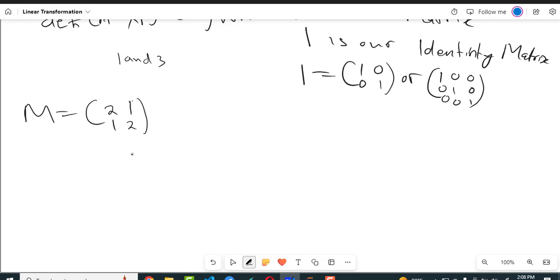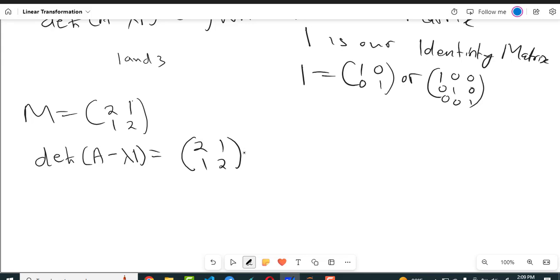So what we do, we write our formula down. This is our matrix. So we say determinant of A minus lambda times identity equals 0, where A is our matrix, which is 2, 1, 1 and 2.